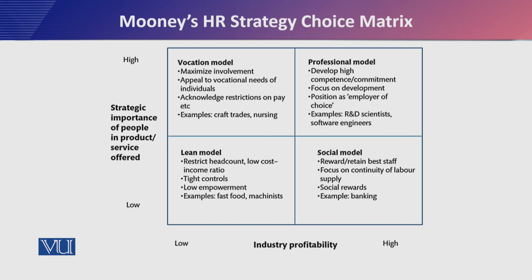However, the industry has a high profitability, but the role of employees is not that much. So in this sense, Mooney's model is giving you the overall prescription of what should be the mode of employment, in that particular situation you are facing in your organization.